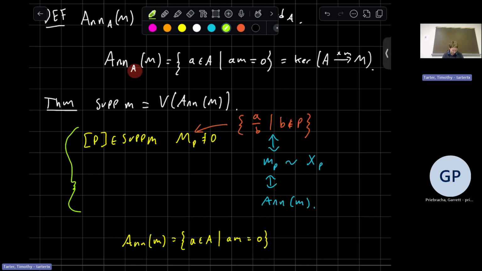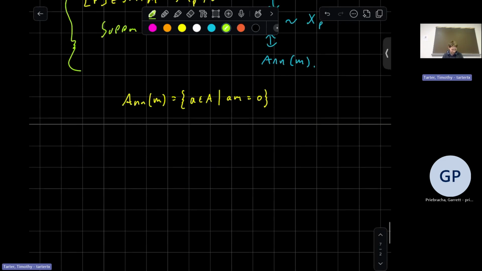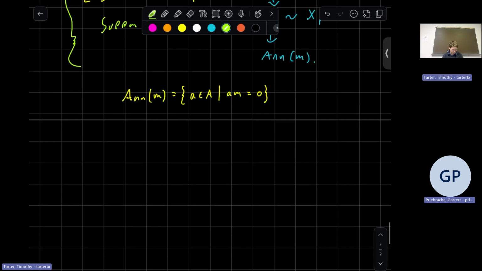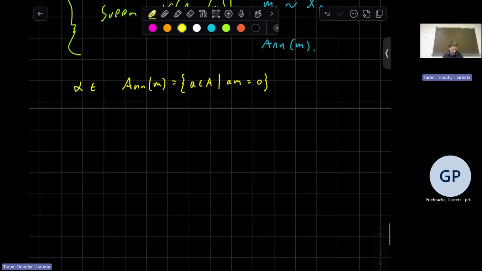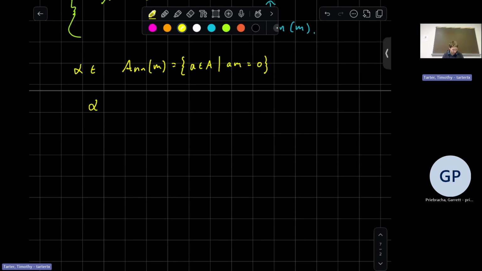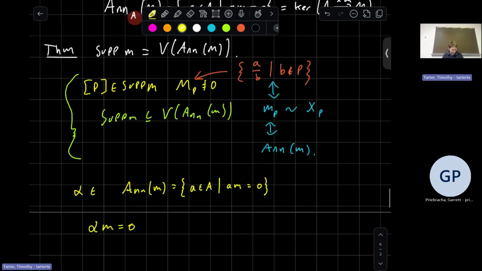Well, this gives basically sup M contained in the vanishing of the annihilator, right? Yeah, and that then works out. The other direction is if we let alpha in the annihilator, well then alpha M is equal to 0.